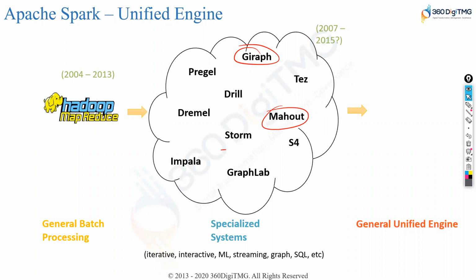So as an analyst, as an employee of that organization, you are expected to know Mahout. At the same time, you're also expected to know Giraph. If it is one or two, it would probably be easy for one person to learn all the concepts. But we are not talking about just one tool at one time.